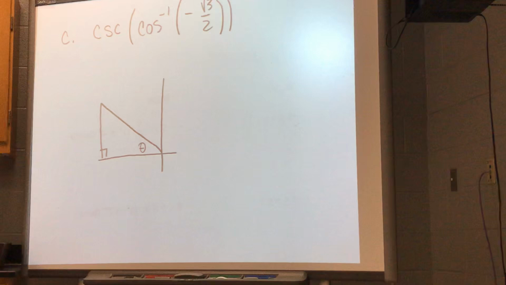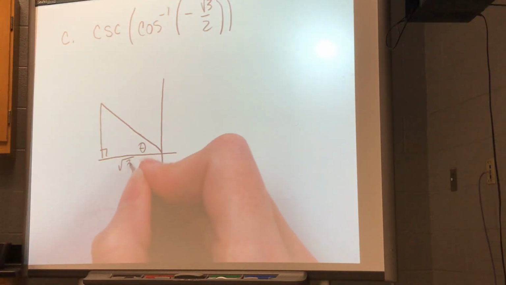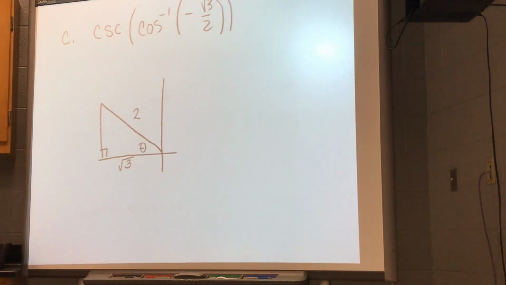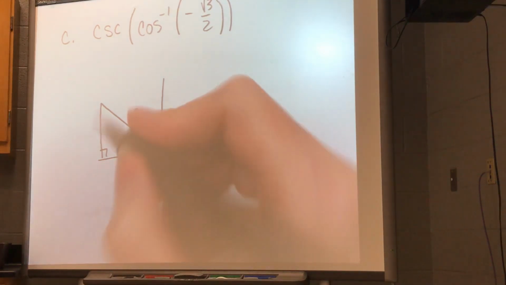Alright, for a negative, that's going to be quadrant 2. You guys label the sides for me, please. And what y'all get for this leg?